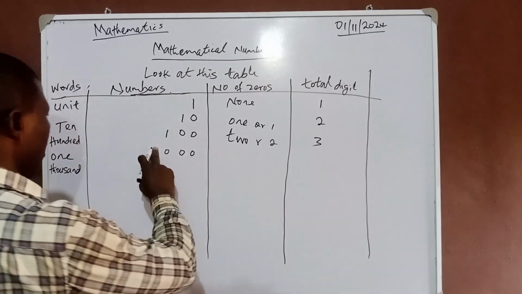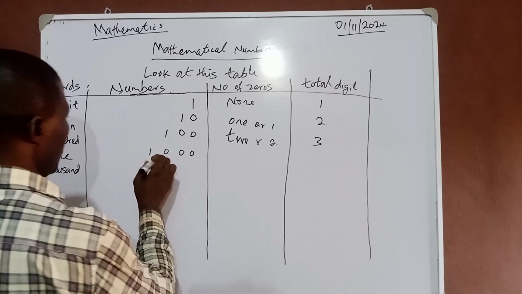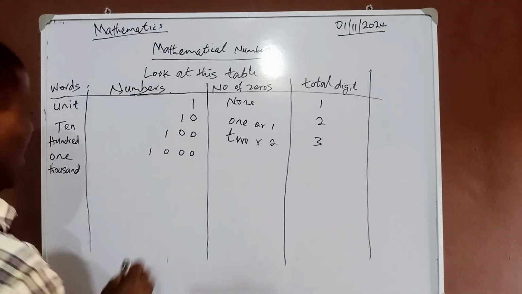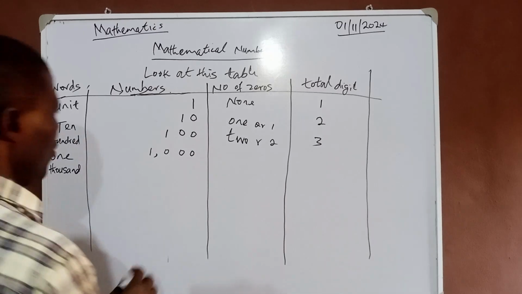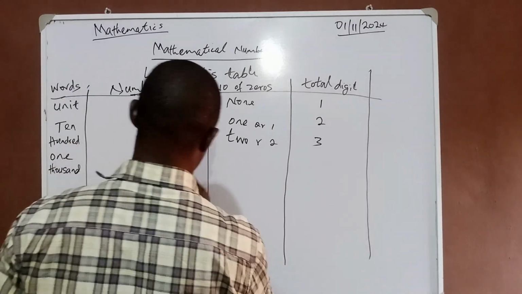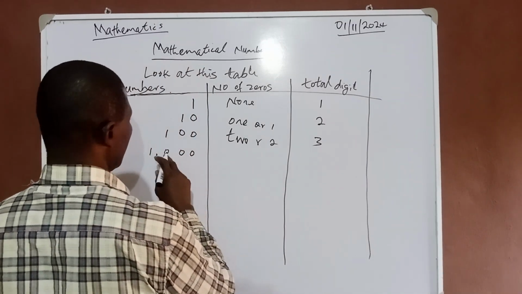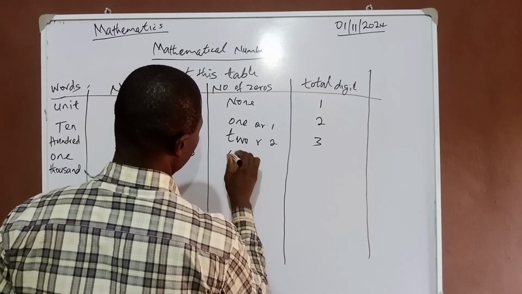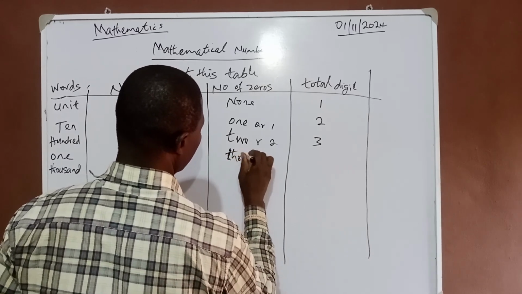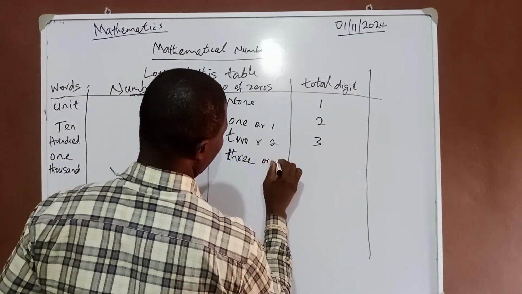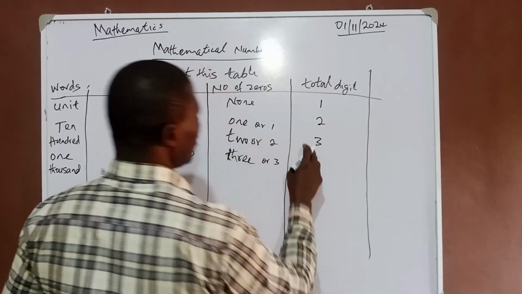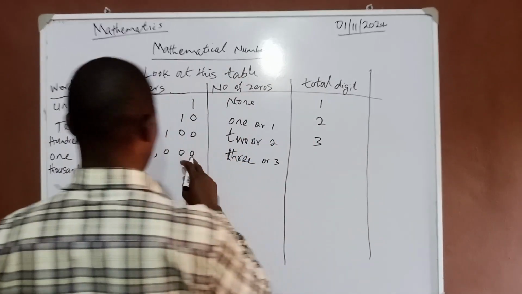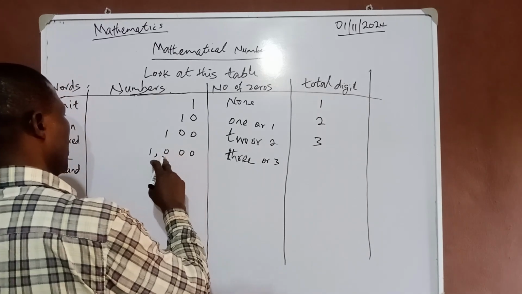If you remove this comma here, you are making a mathematical mistake. But once you put it, it will become correct. So in this one now, how many zeros do we have here? 1, 2, 3. We have 3. Number of digits 1, 2, 3, 4.